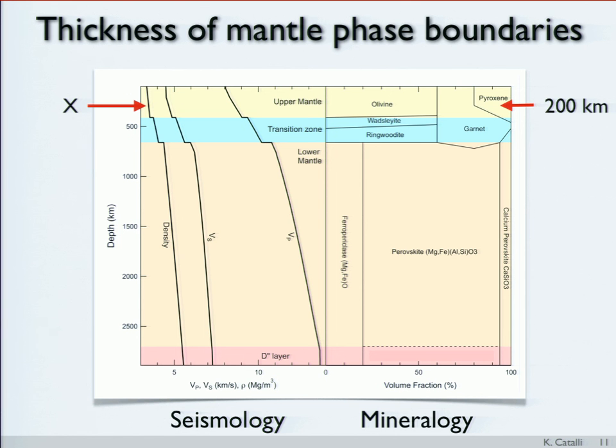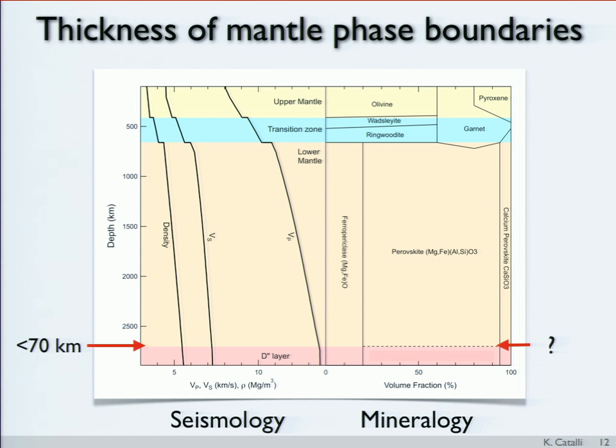And then for comparison, we can look at the pyroxene to garnet transition. And this actually occurs at a pressure range that corresponds to a depth of over 200 kilometers. So in this case, we don't actually see a discontinuity here. We instead see a gradient in the velocity profile here.